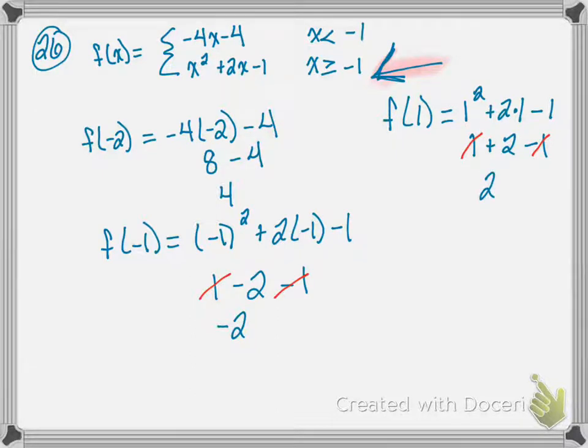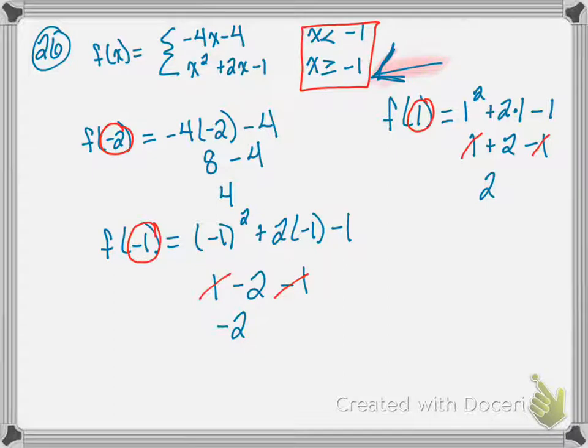Now, with a piecewise function, what you have to really focus on is when to use which function. That right there tells you which function to use based on the number that's right here. You pick which function to use based on what number you're plugging in. Okay?